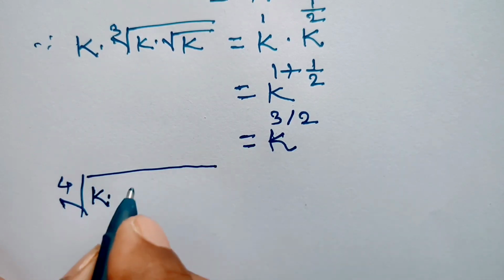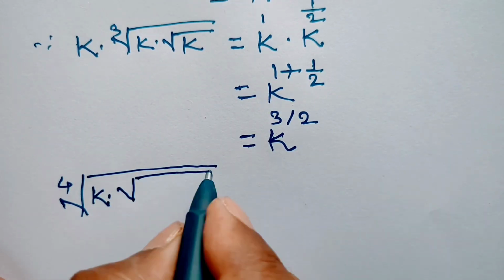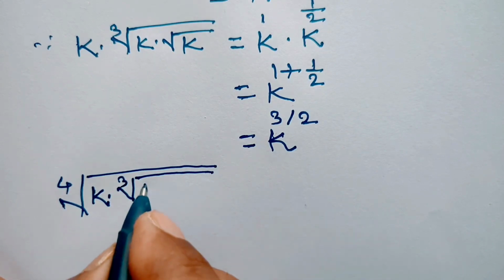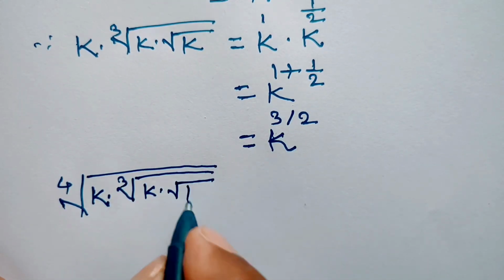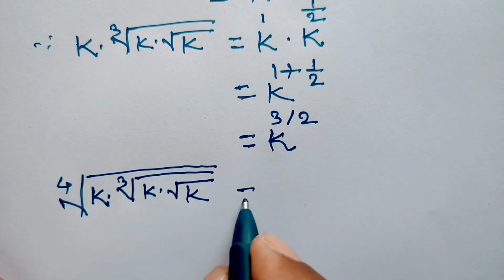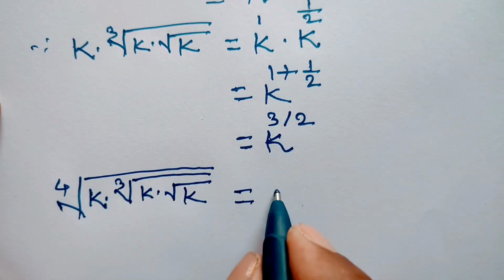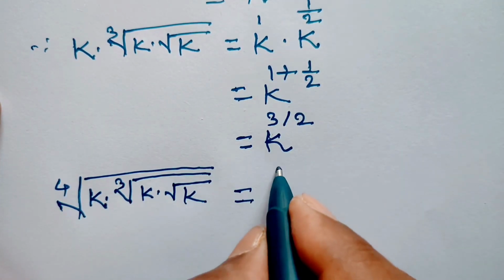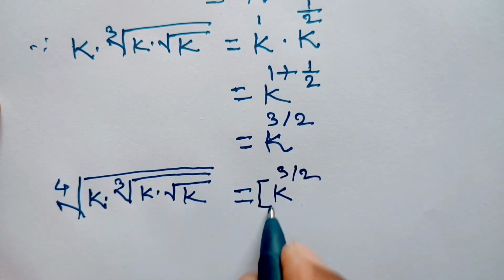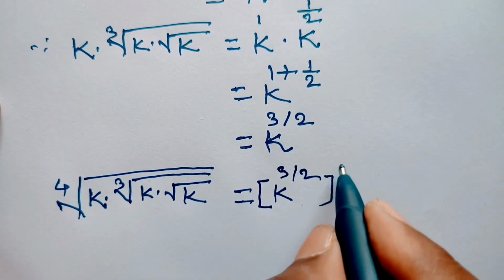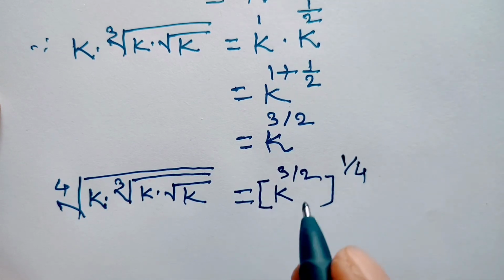of k into cube root of k into square root of k. This is equal to k to the power 3 upon 2 and its fourth root, that is nothing but to the power 1 upon 4.